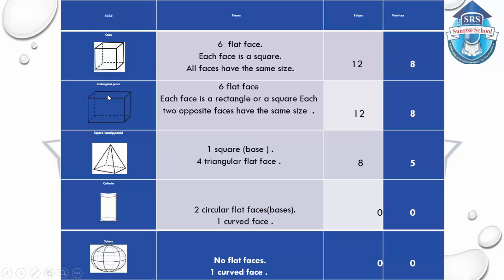The second 3D shape that we have here is the rectangular prism. A rectangular prism has the same properties as the cube, but the only difference between them is the shape of its faces. Here the shape is a rectangle, but there the shape of the face was a square.